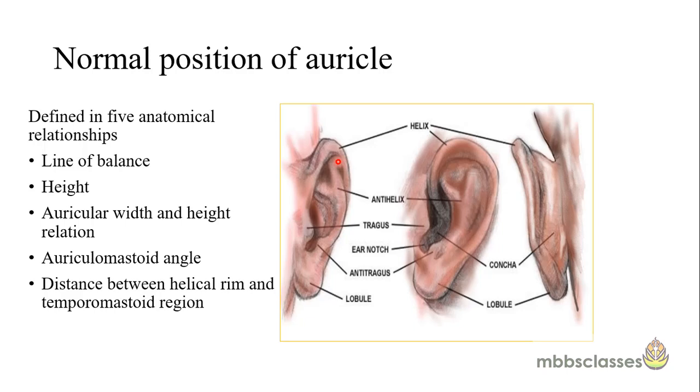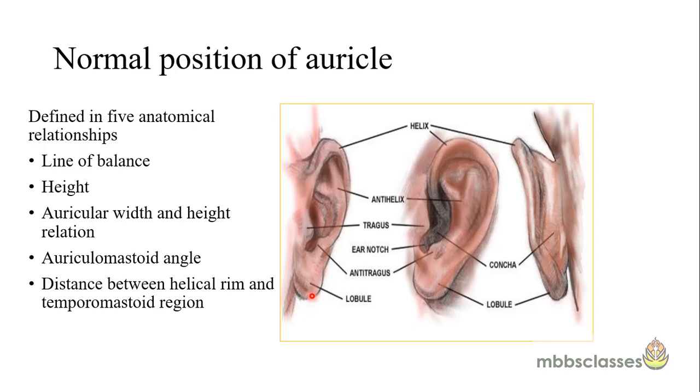In adults, the average height of the pinna is approximately 6 cm, whereas in infants it is 5 cm. So whenever we are doing clinical examination, we have to assess approximately the height of the auricle by inspection.